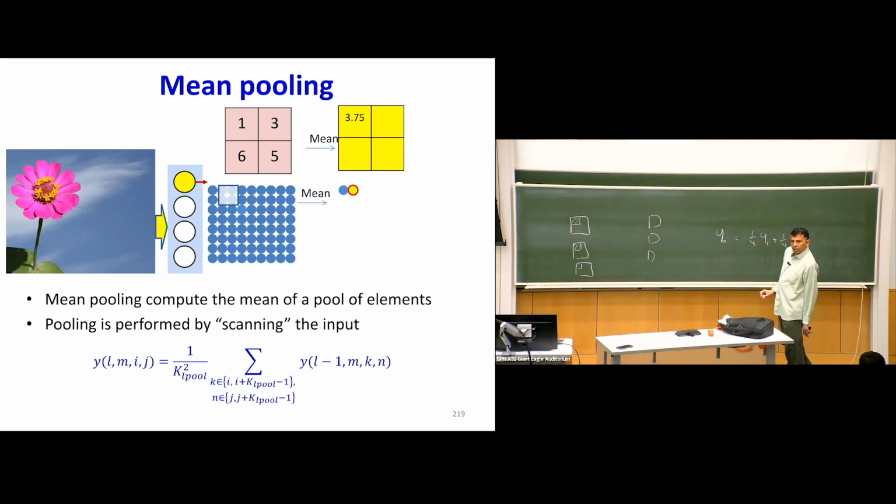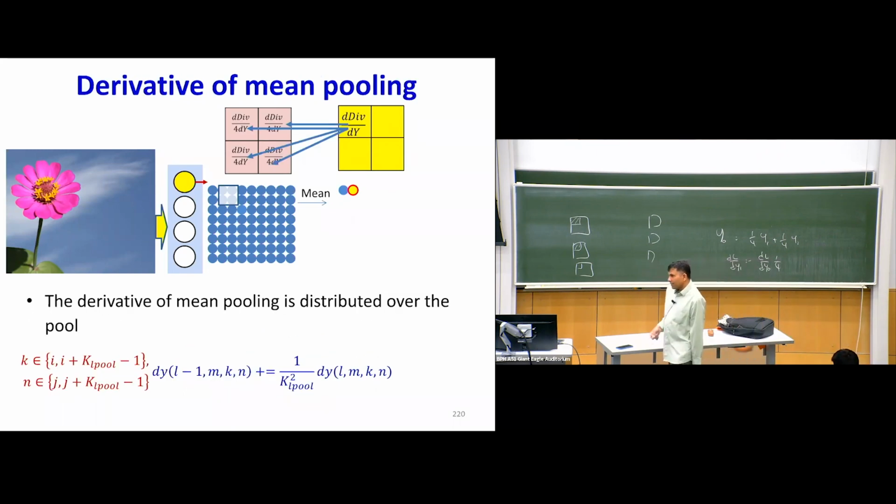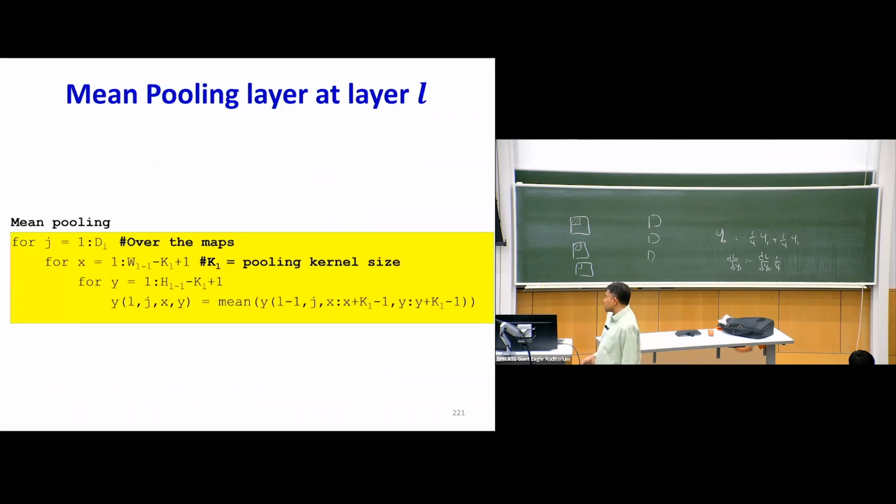So if you look at this, dL over dy1 is simply going to be dL over dy_o times 1/4, correct? Straight up arithmetic. So when I compute the derivatives going back, I'm just going to take the derivative of that position and distribute it uniformly over all of the elements that contributed to it. Make sense?